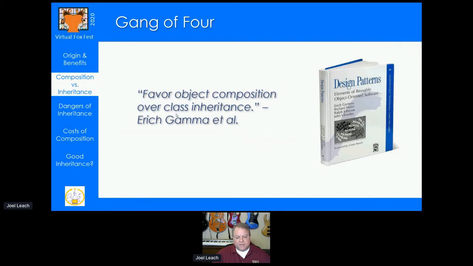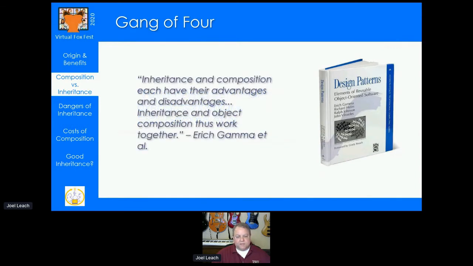But what did the Gang of Four actually mean by this? Well, here are a couple other quotes from that section. Inheritance and composition each have their advantages and disadvantages. Inheritance and object composition thus work together. It doesn't sound much like an indictment against inheritance, and it certainly isn't declared evil, is it?